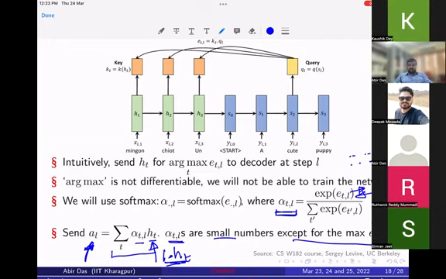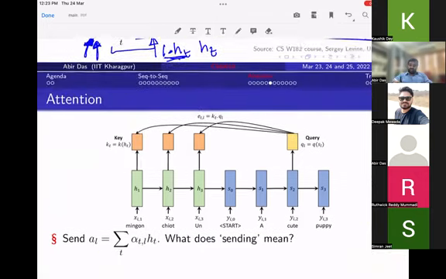So this AL, instead of sending just the HT corresponding to the max ETL, is a weighted combination of all the HTs weighed by the similarity score between the query and the key. That is the closest approximation, in a differentiable way, to the HT corresponding to the largest ETL.